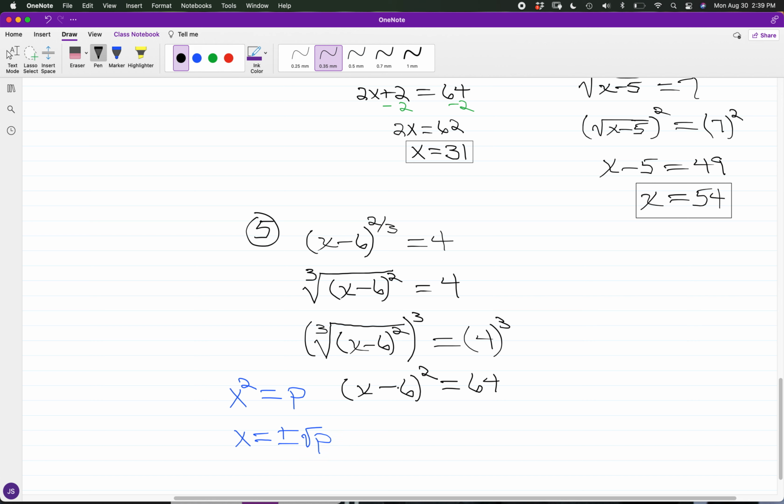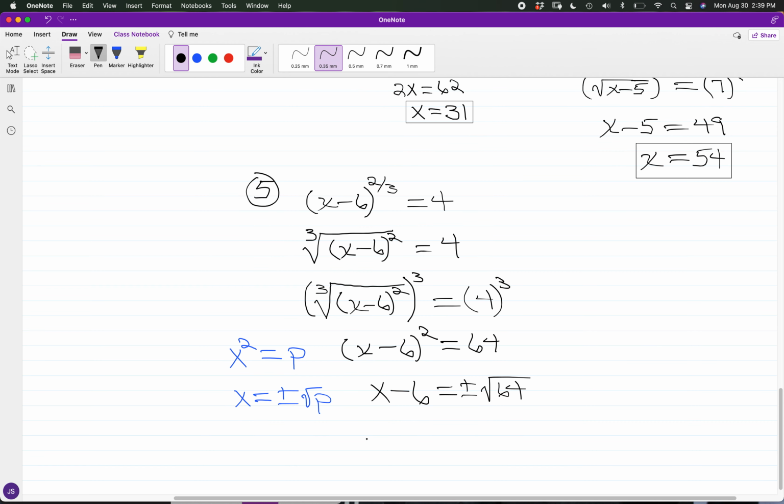So x squared is represented by the square of x minus 6. If I drop this down to just the first order of x minus 6, this will be equal to plus or minus the square root of 64, and I have that x minus 6 is equal to plus or minus 8.